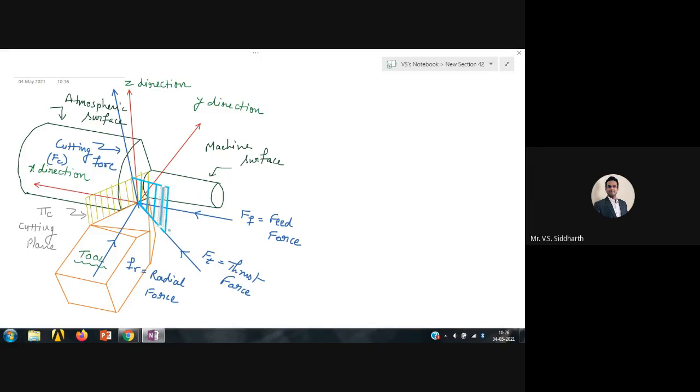Orthogonal plane. Good. So this plane is the orthogonal plane.